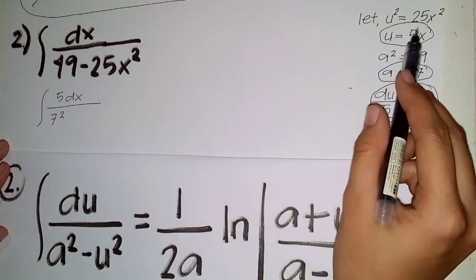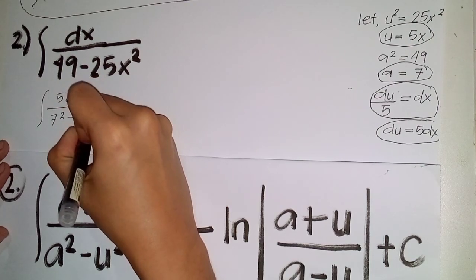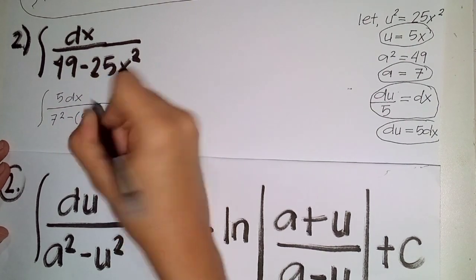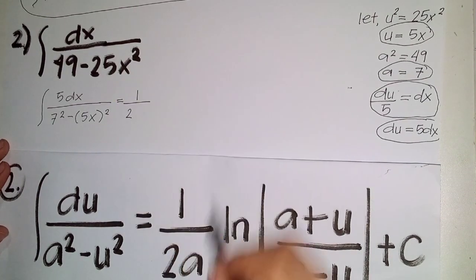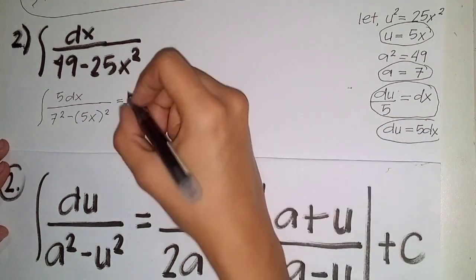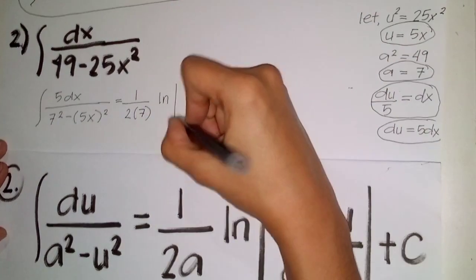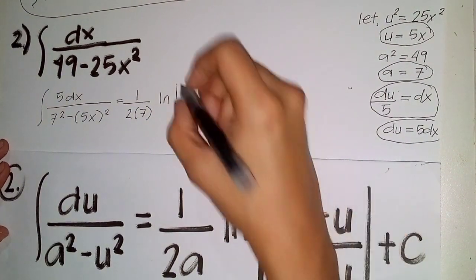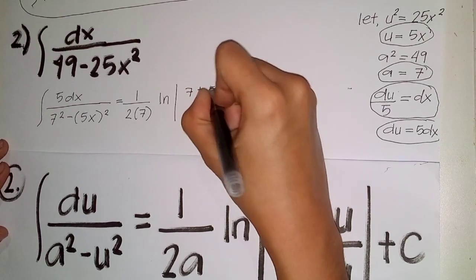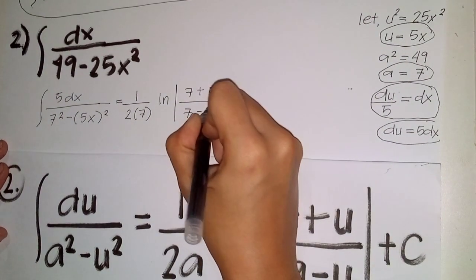And then our u is 5x, so 5x squared is equal to 1 over 2. Our a is 7, so 7 ln absolute value of 7 plus 5x, and then 7 minus 5x.